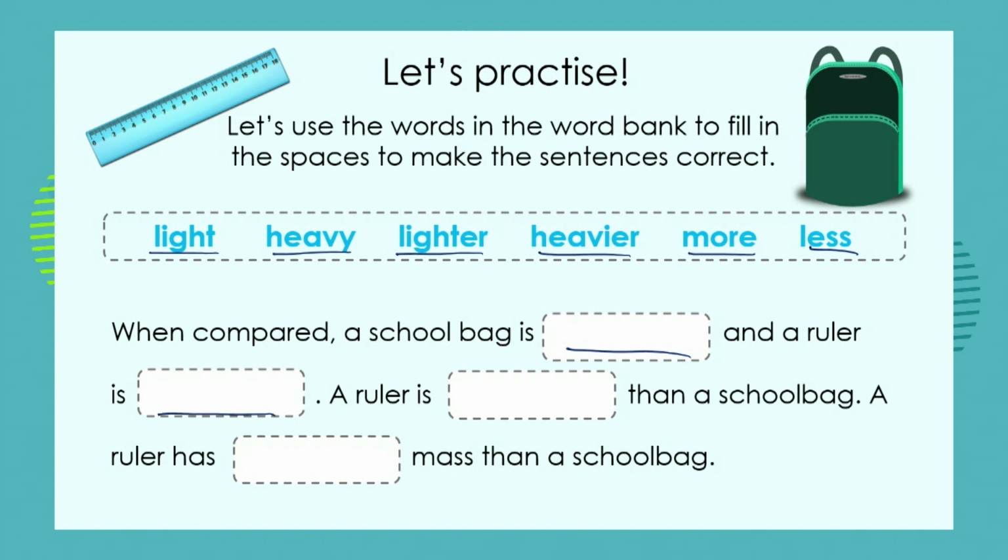So these are two objects that you use every day, grade ones. So after this, I want you to go and practice and feel for yourself which one is heavier and which one is lighter. A school bag is heavy. Very good. And a ruler is light.